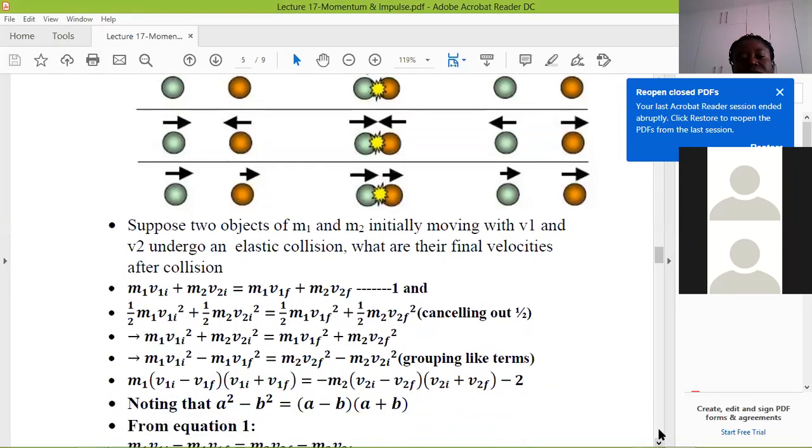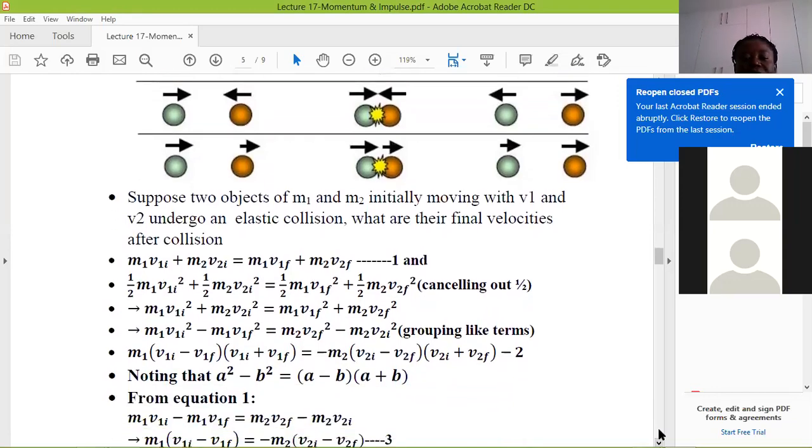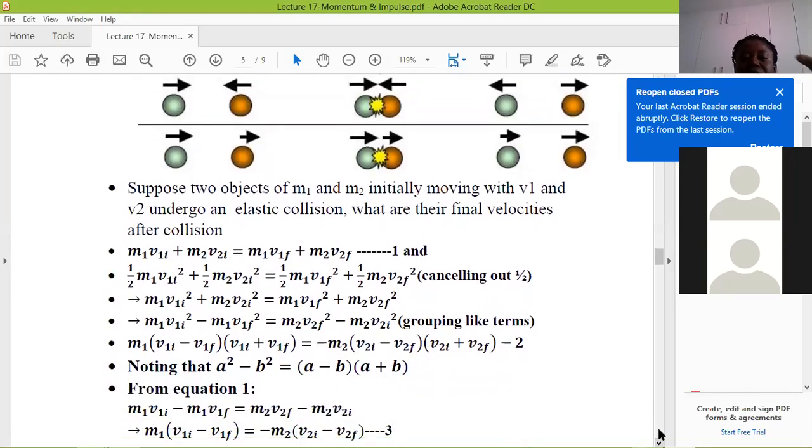So imagine you have two objects of mass 1 and mass 2, moving with initial velocity 1 and initial velocity 2, and they undergo an elastic collision. What are their final velocities after the collision?